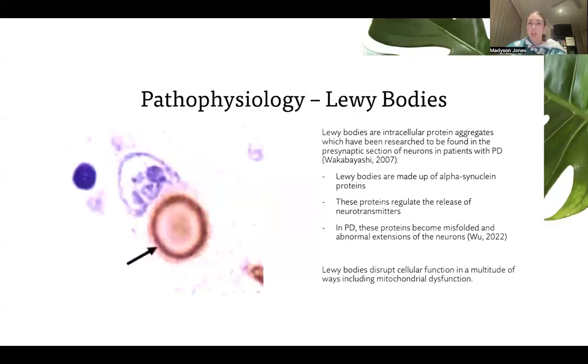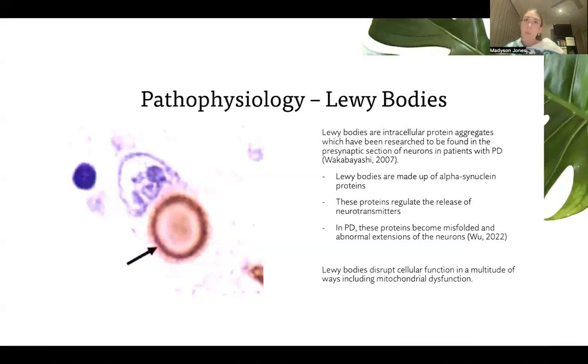So looking deeper at the pathological features of Parkinson's, it is important to mention the presence of Lewy bodies. Lewy bodies are intracellular protein aggregates, which have been researched to be found in the presynaptic section of neurons in patients with Parkinson's. Primarily, these Lewy bodies are made up of a protein called alpha-synuclein, which is an important component in the process of regulating the release of neurotransmitters.